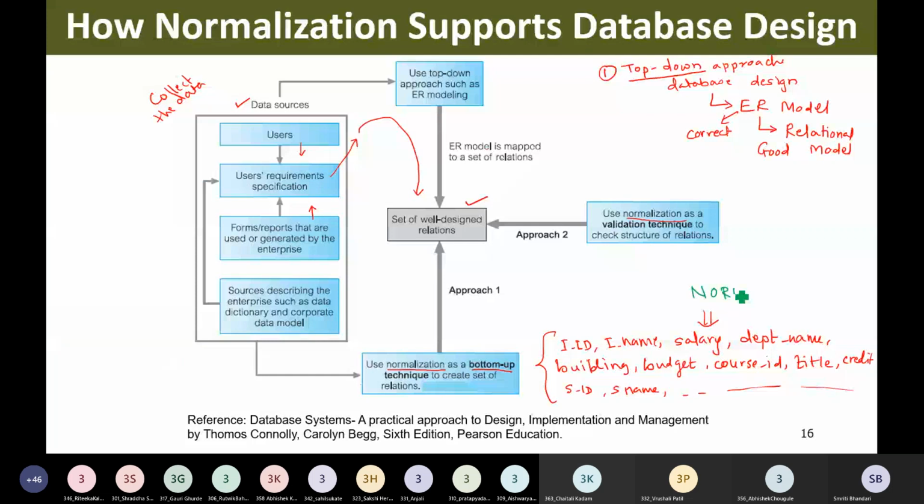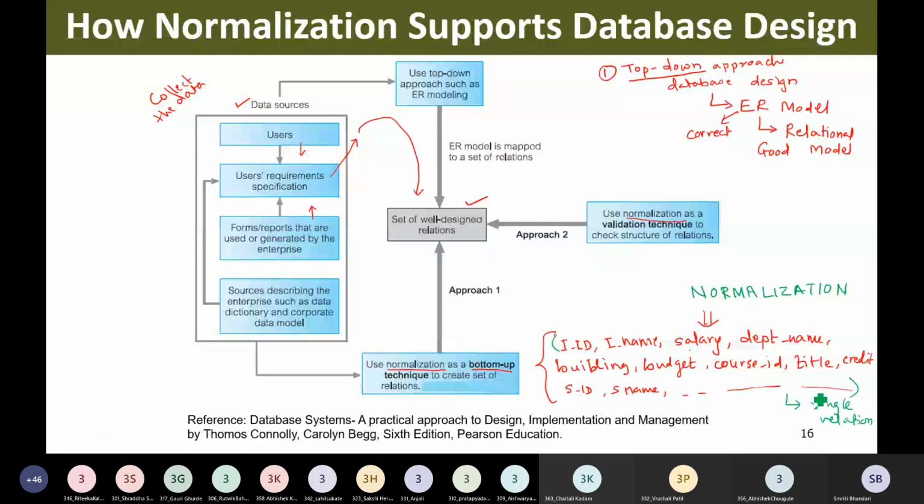Once we have such attributes, what we can do is apply the process of normalization. So here is the role of normalization. We apply this normalization process on the attributes we have. Initially we assume that all those attributes belong to a single relation, but this is a very bad design.